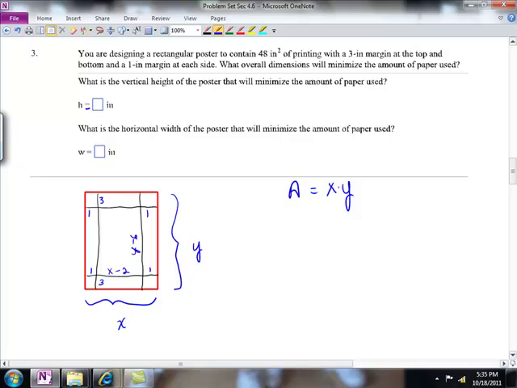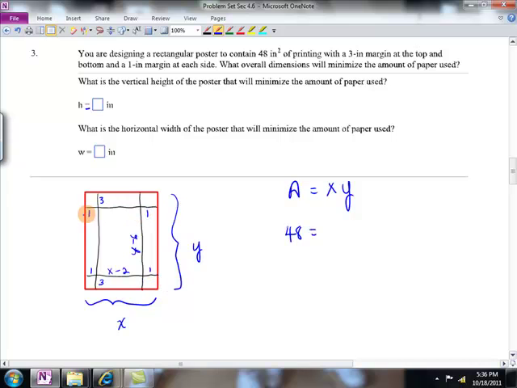All right. We do know the area of the poster. It's going to contain 48 inches of printing. So if we said 48 equals, we got a 3-inch margin here and a 3-inch margin here.